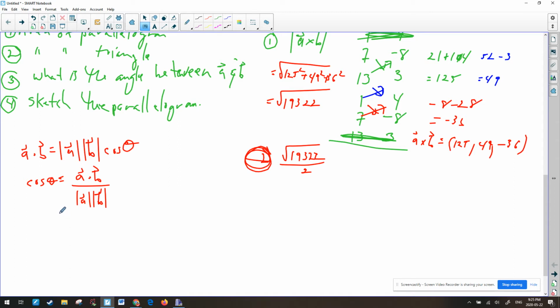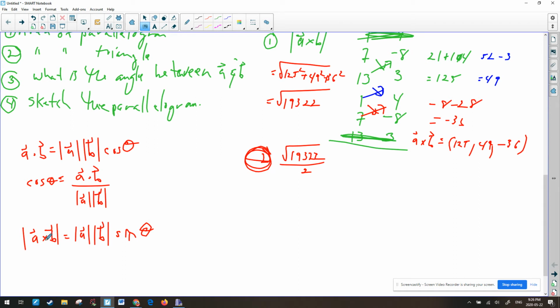However, in this circumstance, we know that the magnitude of A crossed with B is equal to the magnitude of A times the magnitude of B times the sine of theta. Okay, we already have the magnitude of A crossed with B, which is lovely.